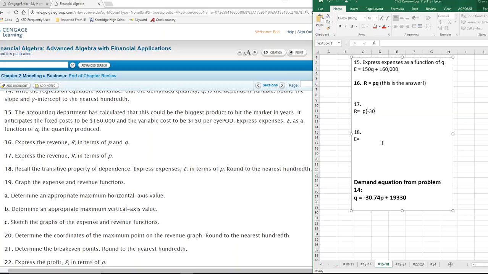So negative 30.74 P plus 19,330, all right? We can simplify that.